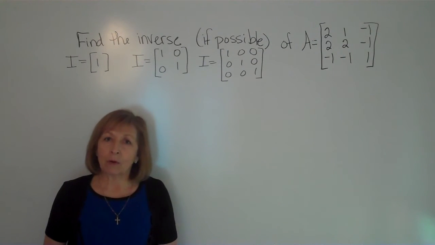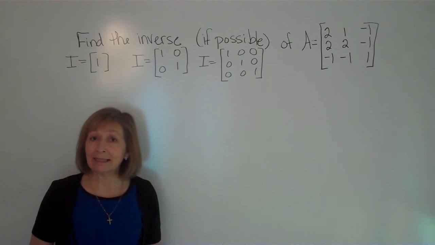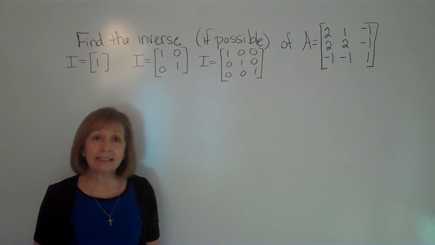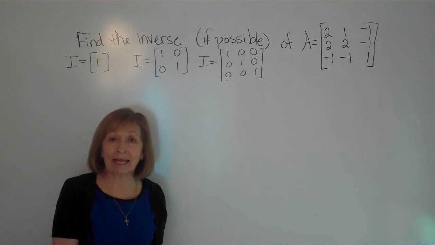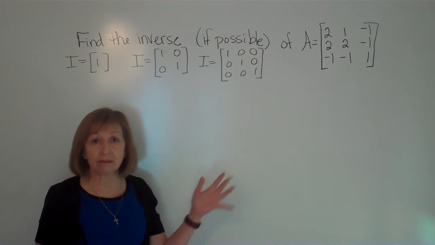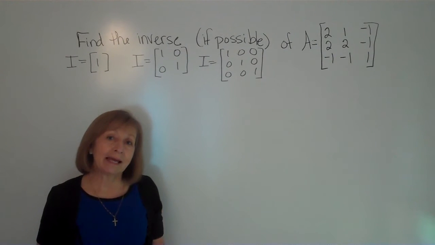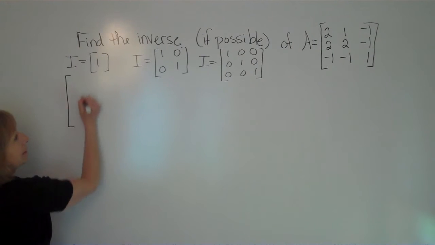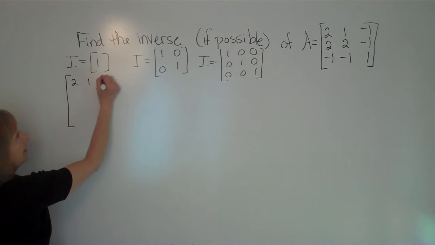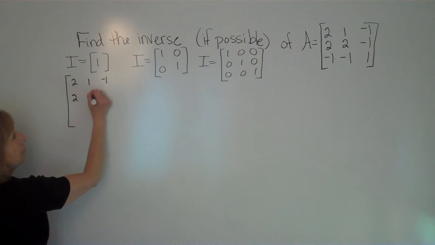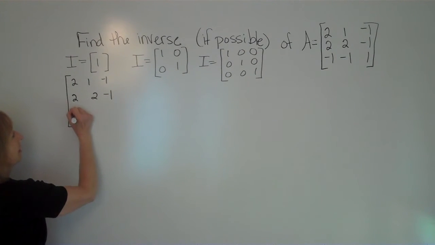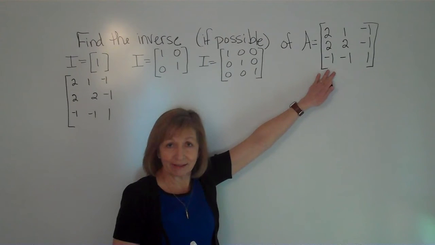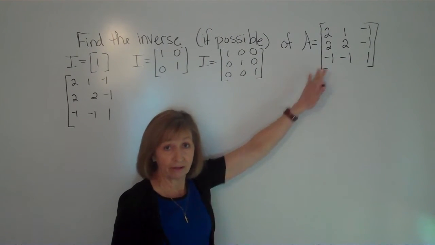Now, where these row operations are going to come in handy and be necessary for the process is to find the multiplicative inverse by hand of a square matrix, if it exists. We set it up by starting with the matrix. So we'll write our 2, 1, negative 1, 2, 2, negative 1, negative 1, negative 1, 1, that they want us to find the multiplicative inverse of.